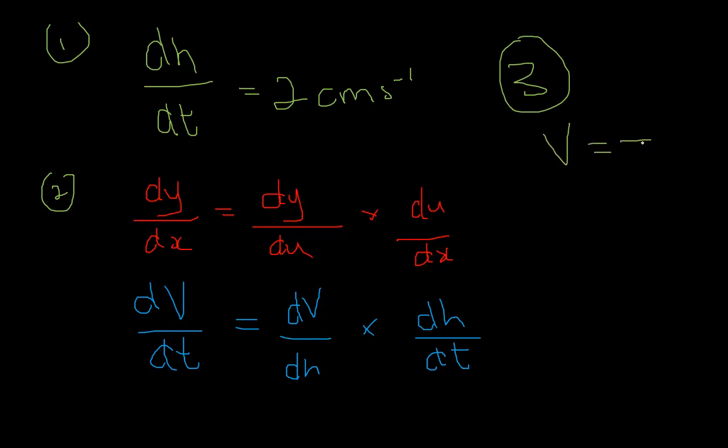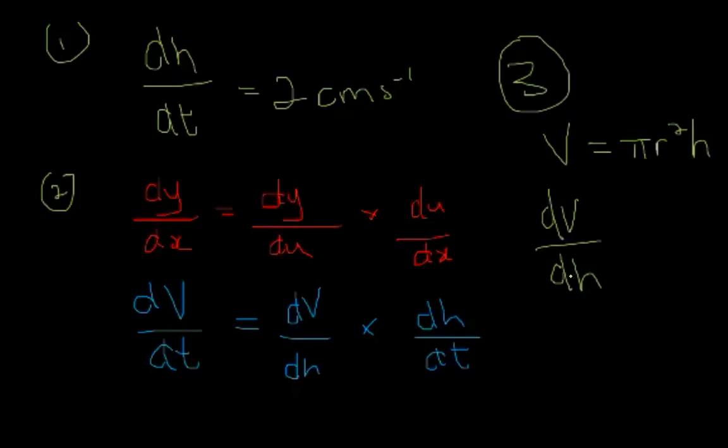It's V is equal to pi r squared h. So using this formula, I can actually find dv on dh, the rate of change of volume V with respect to h. With respect to h. Very important.